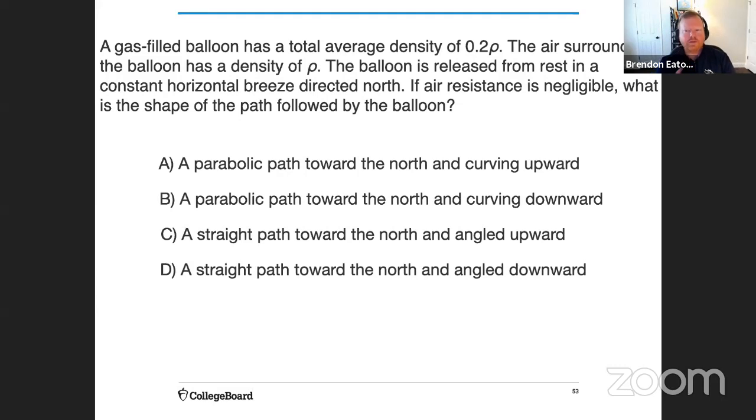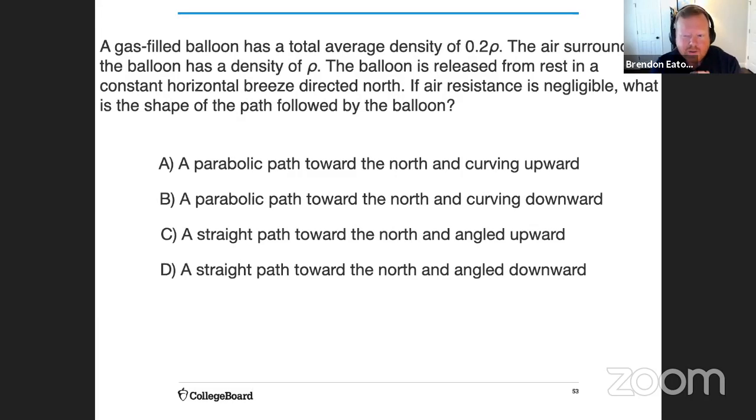Well, I know from looking at just the prompt alone that the density of the balloon is quite a bit smaller than the density of air. And we know that less dense objects float on top of more dense objects. So in this case, when I release the balloon, I know it has to go up somehow, some way. But the problem is there's a breeze directed north as well.